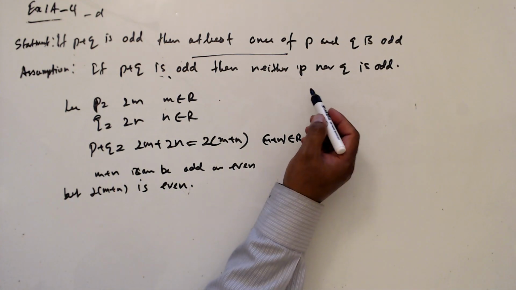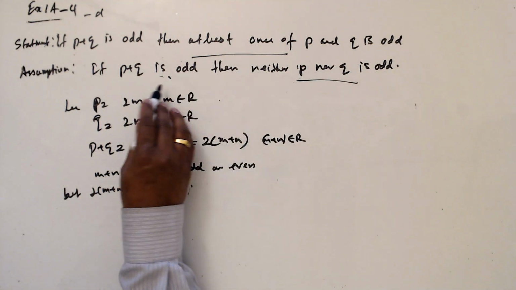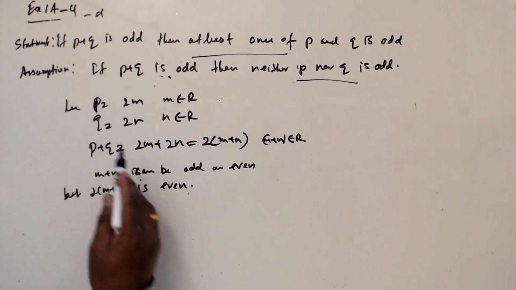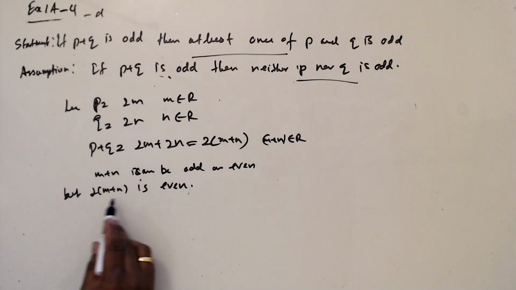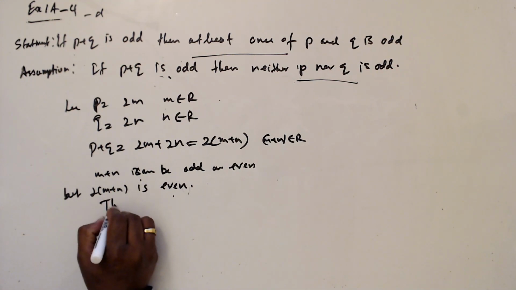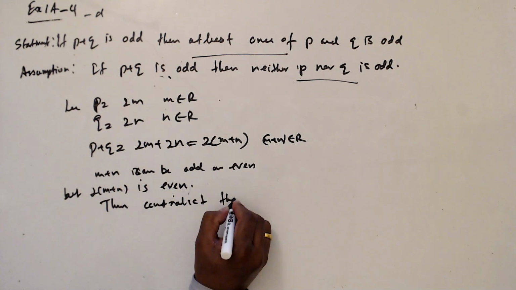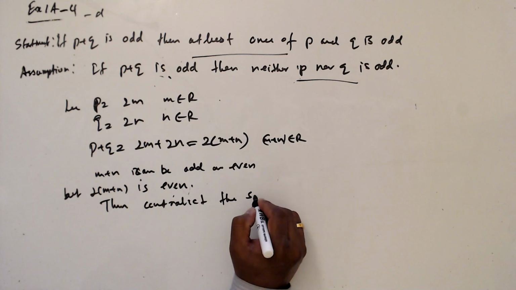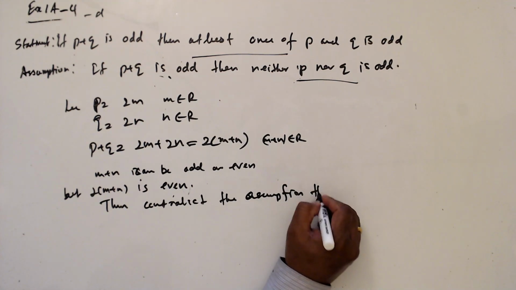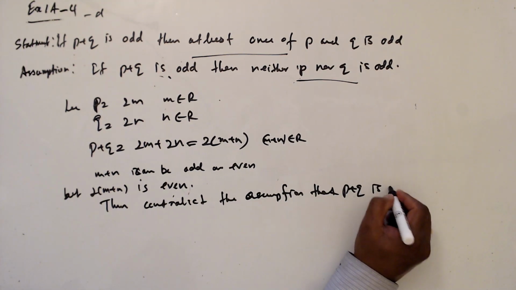So our argument is now, if P and Q are even, the assumption says P plus Q is odd. But we take P and Q even, and we end up with P plus Q also even. So this is now a contradiction. So this contradicts the assumption that P plus Q is odd.